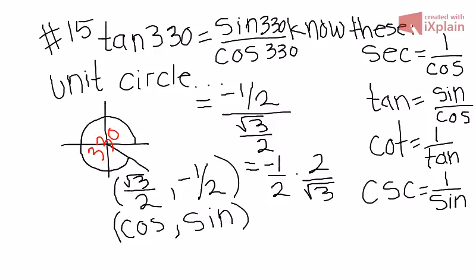So that's what I'm doing right here in this step. Those 2's cancel out, and we're just left with negative 1 over radical 3. Okay, so pretty straightforward. You change the tangent or whatever you're given into something that you do know, like sine or cosine, and then we just look on our unit circle and find where that is, and then use the terminal point because that's the sine and the cosine.